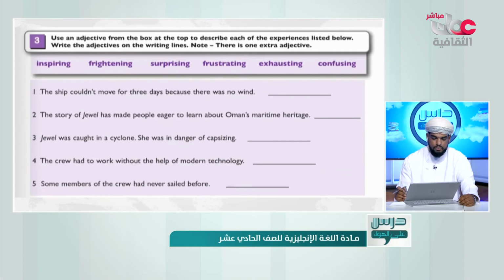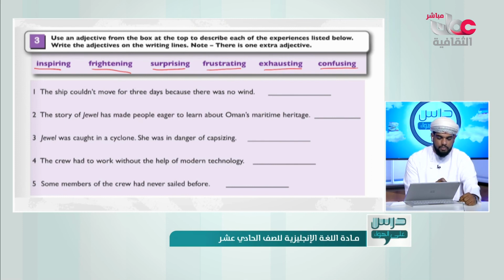All right. We have some adjectives here in your workbook. Activity number 3. Let's go. So I have inspiring, frightening, surprising, frustrating, exhausting, confusing. They are all expressing feelings when you get that situation.